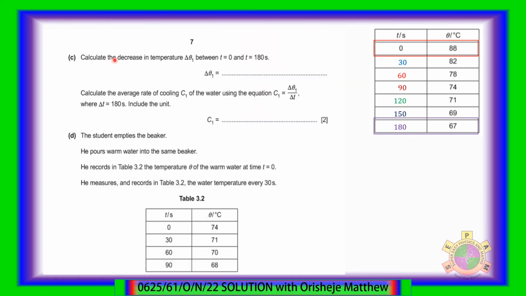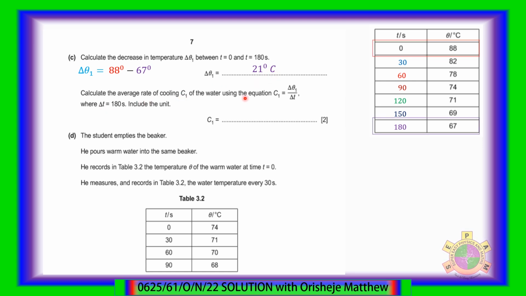Calculate the decrease in temperature between T0 and T180. So you have the beginning and the end. What is the decrease in temperature? That will give me 88 take away 65, so 21 degrees Celsius. Calculate the average cooling rate.